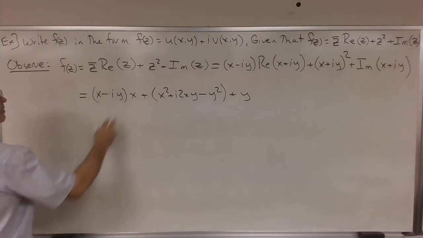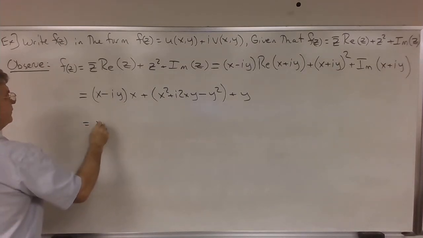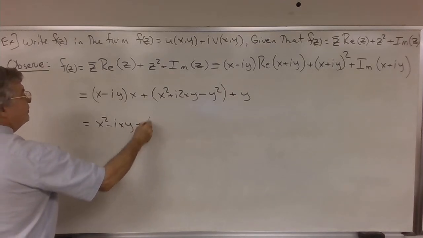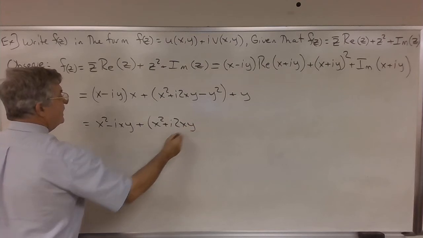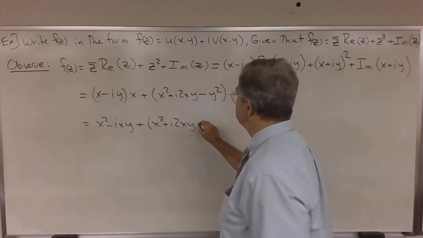I haven't multiplied this out yet. So we get x squared minus ixy plus x squared plus i2xy minus y squared plus y.